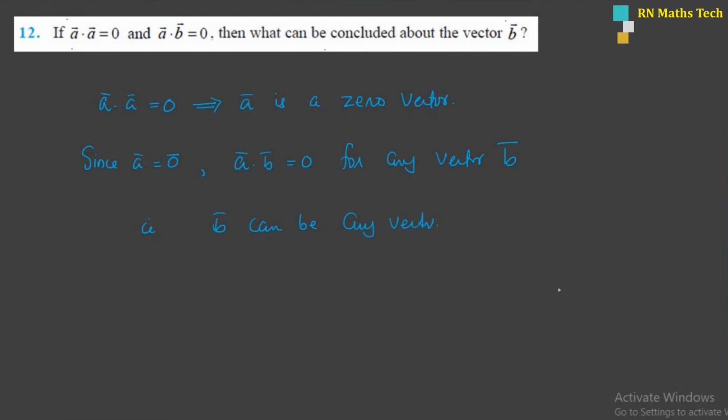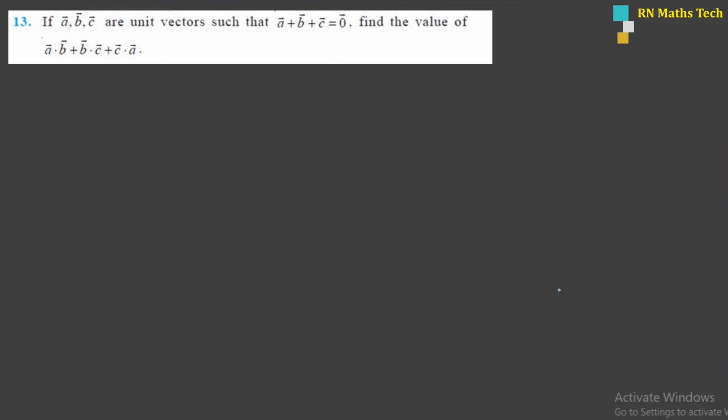Okay, now question number 13. If a bar, b bar, c bar are unit vectors such that a plus b plus c is equal to 0 bar.